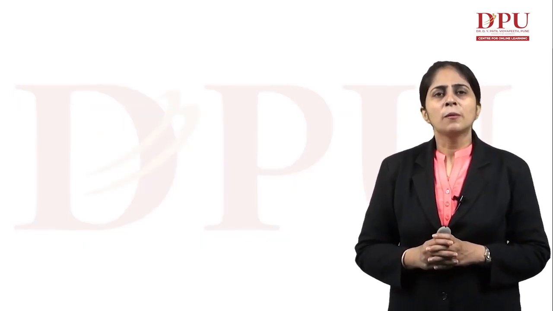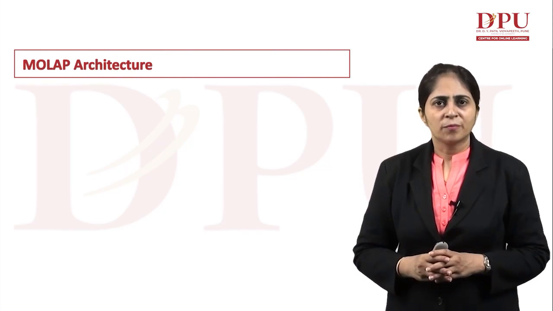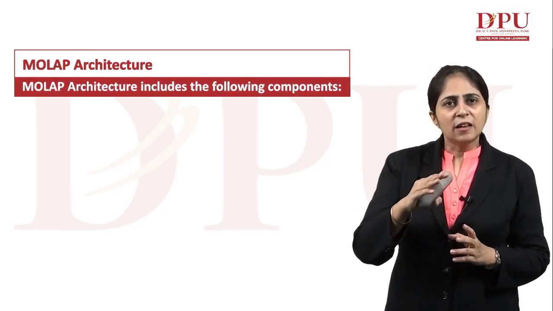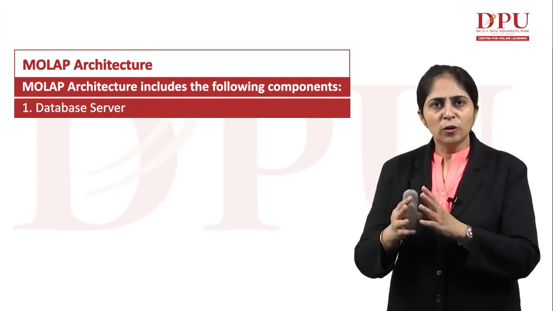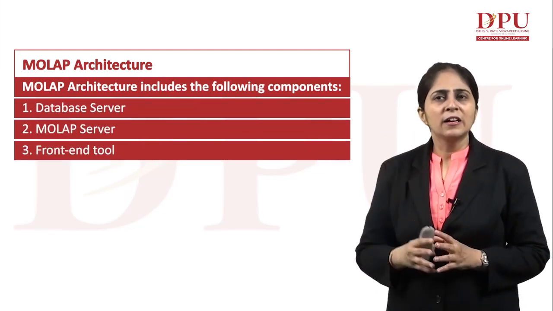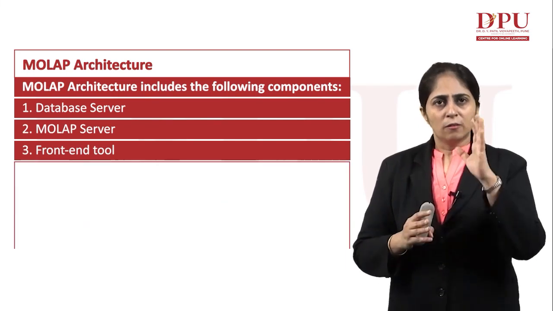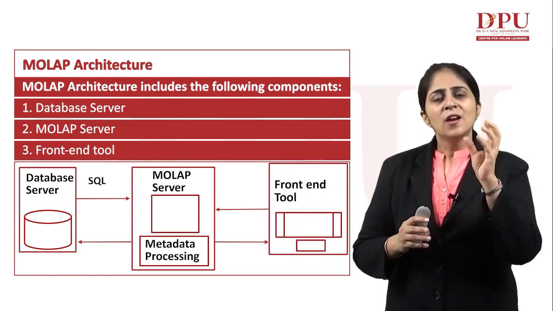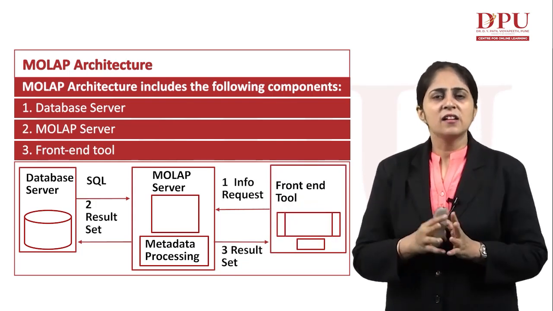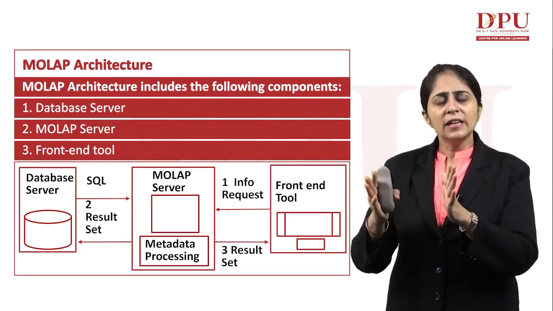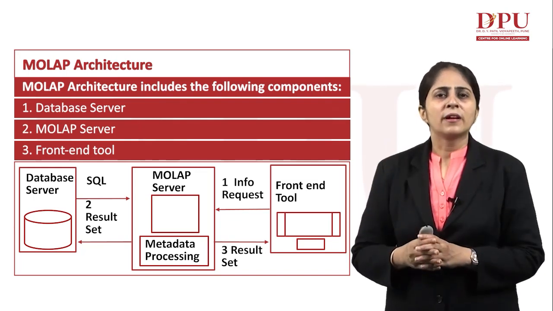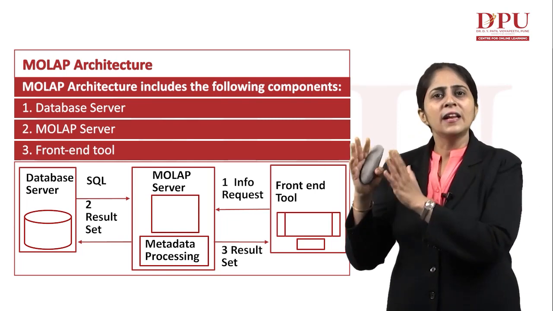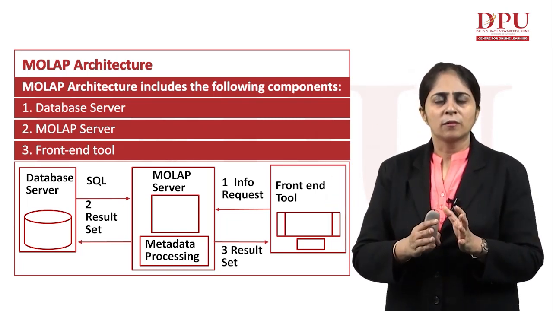If we talk about the MOLAP architecture, we basically have three components here: the database server, the MOLAP server, and the front-end tool. The very first is the database server. The database server is the place where the entire data is stored. Then the MOLAP server acts as a mediator between the front-end tool and the database server.